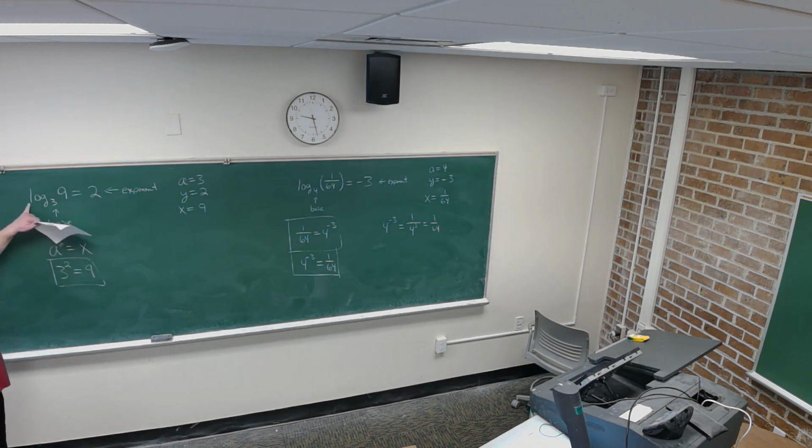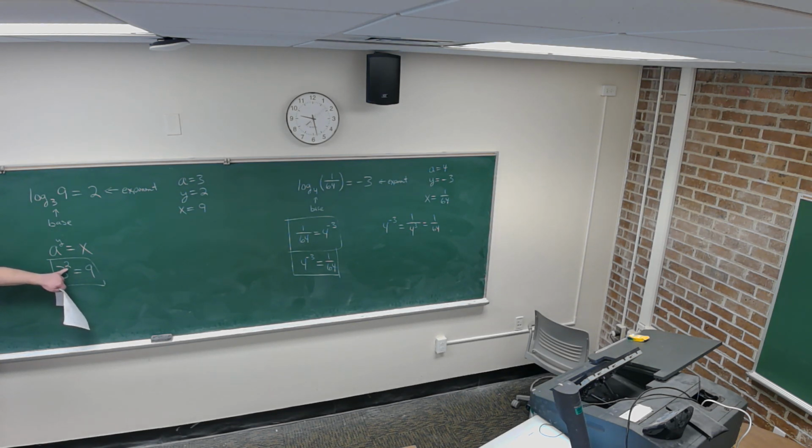So then it's true that log base 3 of 9 is equal to 2. Okay. So logarithms, again, are just a fancy way of expressing this exponent using the base of the exponential and the value of the exponential. Any questions on that?